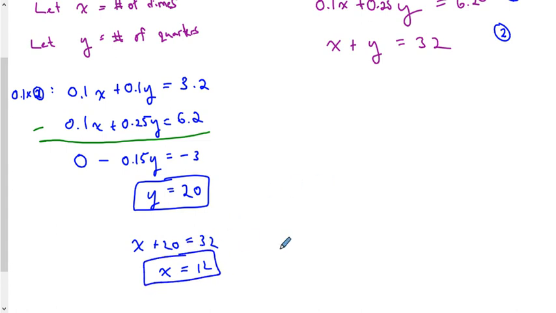So we don't have to write it as a point of intersection in this one because this has some real context. So let's just do a therefore statement with context. Therefore, there are 12 dimes and 20 quarters.